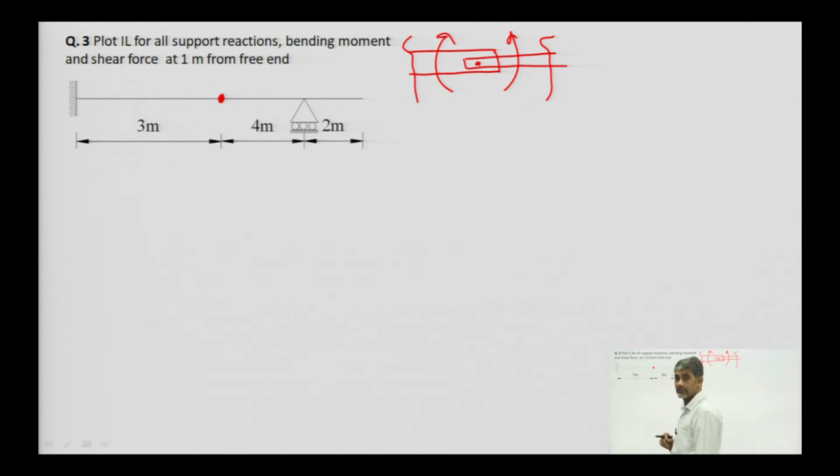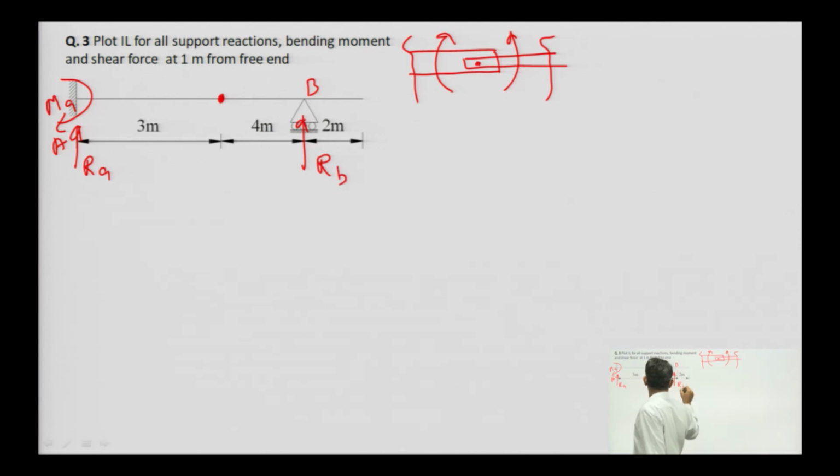So, let us plot IL for RA, okay, for moment MA, suppose this point is A, if this point is B, so here RB, right. So, first of all plot IL for RA.